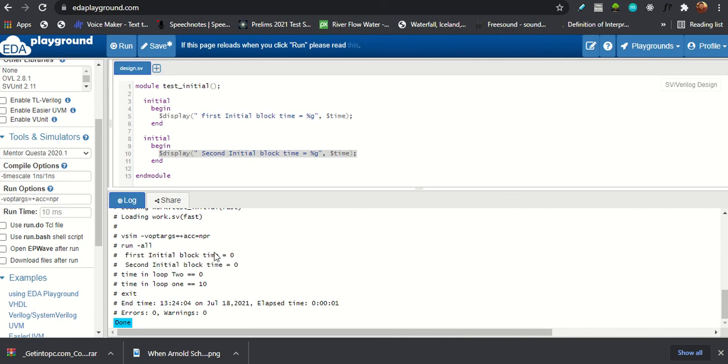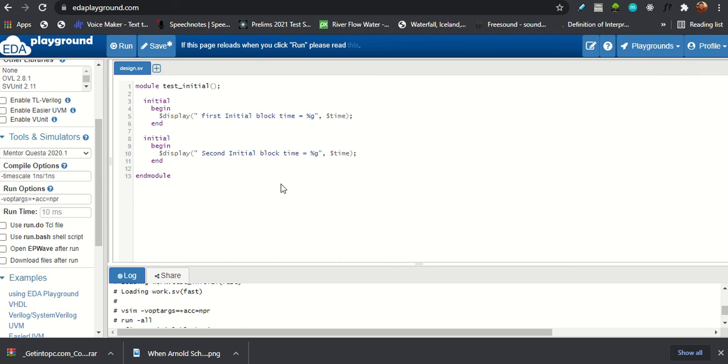So we have seen that the first initial block executed at time 0 nanosecond, and the second initial block executed at time 0 nanosecond. It means that whenever there are initial blocks, they will execute simultaneously, right? The initial block has independent existence and it is not procedural like our C program, where this initial block would execute first and this one second.